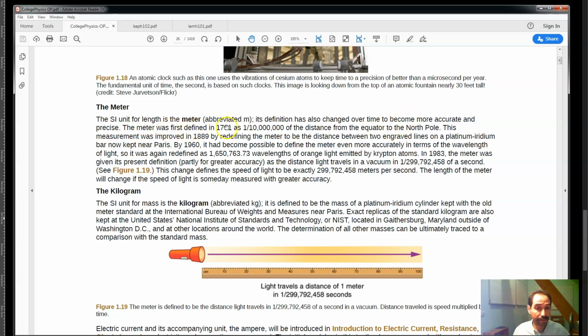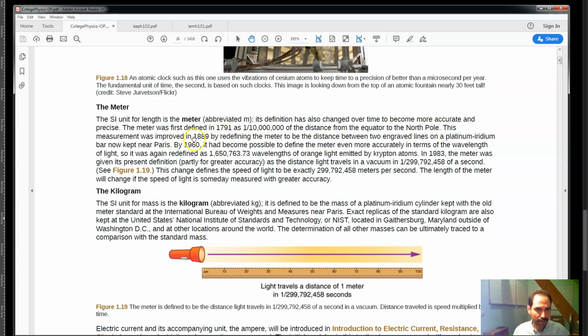The meter was first defined in 1791 as 1 divided by 10 million of the distance from the equator to the North Pole. So you take the distance from the equator to the North Pole, divide by 10 million, and that becomes 1 meter. That was defined in 1791.